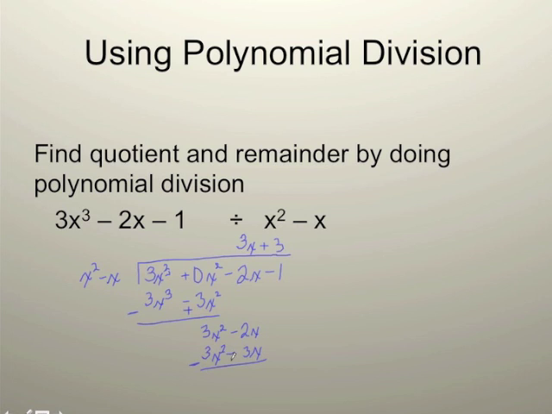Change these signs for subtracting. x squareds are gone. We'll have 1x minus 1. We're out of room up here, so we know we're out of the divisor. So my quotient ended up being 3x plus 3, and my remainder is x minus 1.